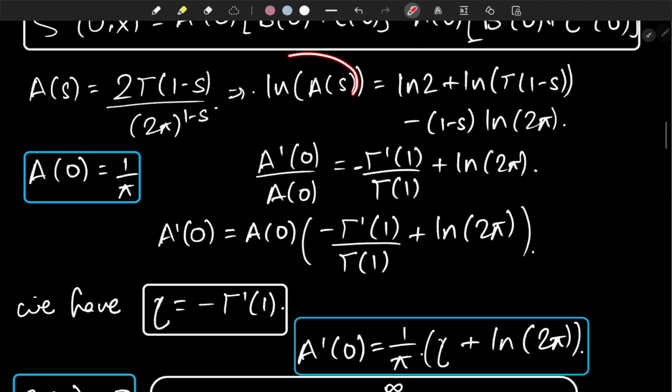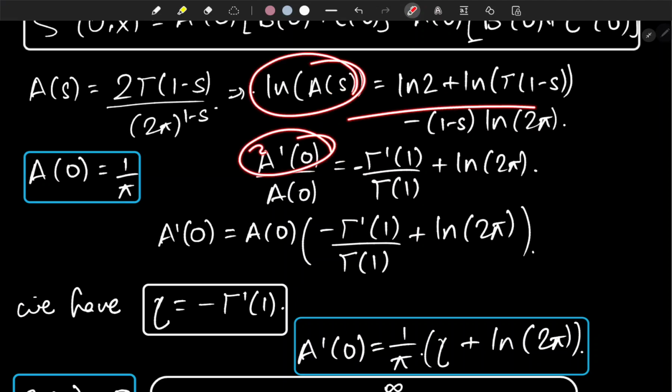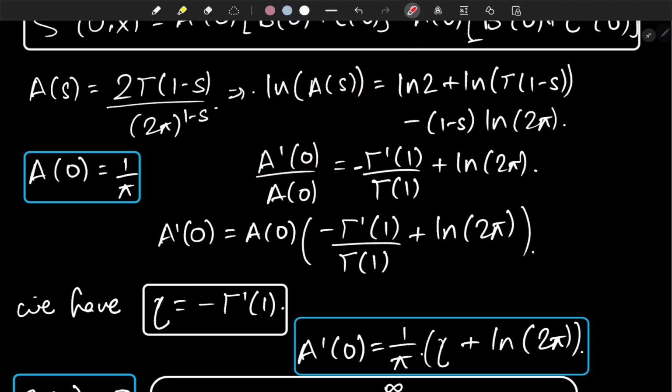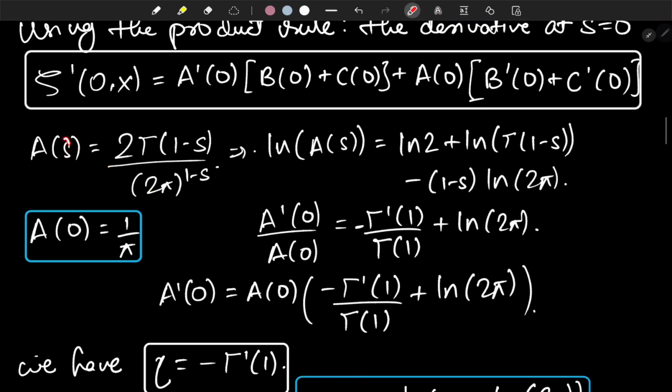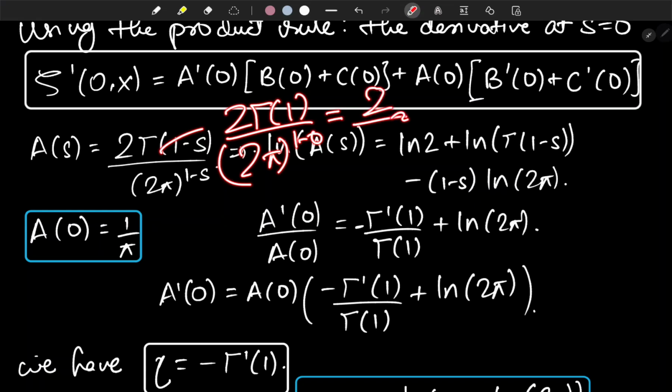And if we take the derivative, a dash of 0 over a of 0 equals... if you plug 0 in, a of 0 is 2 times gamma of 1 over 2 pi, so basically 2 over 2 pi, which is 1 over pi.